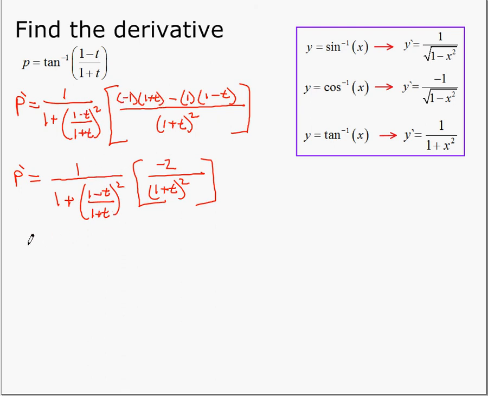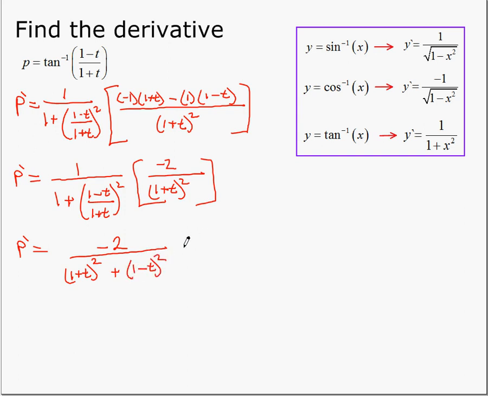This one does continue to simplify a significant amount though. If you multiply these fractions, negative 2 up top, 1 plus t squared gets multiplied with the 1, it also gets multiplied with this term, which actually cancels, and you're left with 1 minus t all squared.